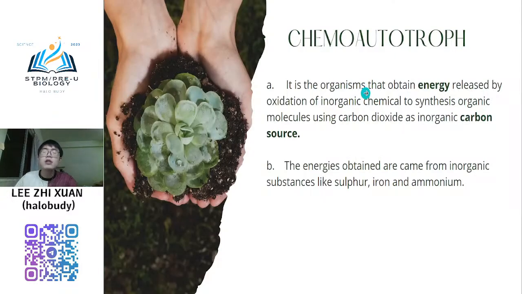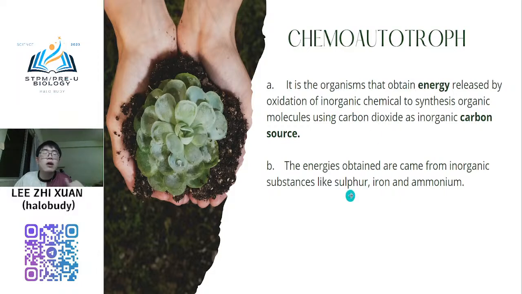Okay, another term is called chemoautotroph. This one, the difference from the photoautotroph is the source of energy is different. For photoautotroph, your energy source is from light. For chemoautotroph, your source of energy is from inorganic compound.